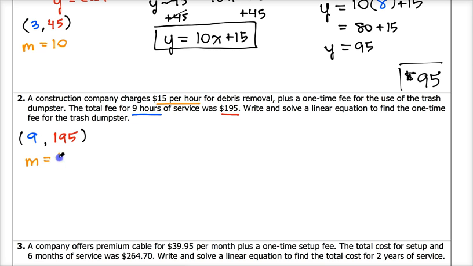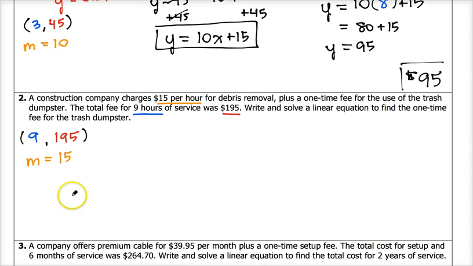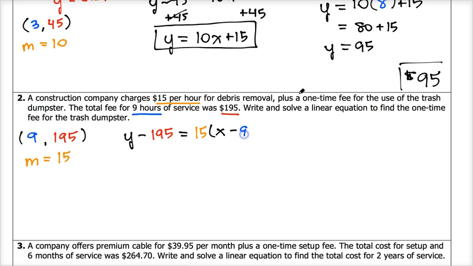So knowing our rate of change and knowing our point, we can use point-slope form. So this equation will be y minus 195 equals 15 times the quantity x minus 9.